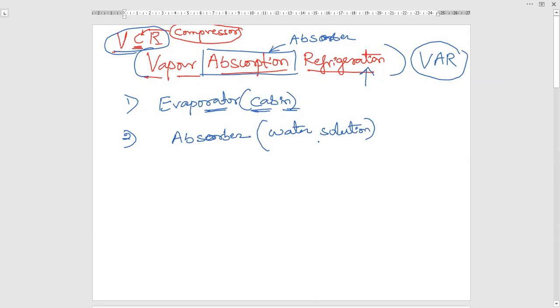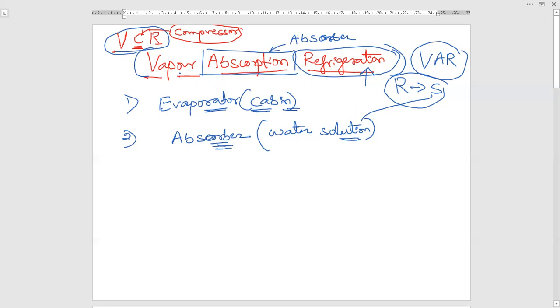And dear students, we have to choose the solution in the absorber in such a way that the refrigerant you are using in the refrigeration cycle should mix with this solution easily, and we can separate it easily also. The refrigerant should be soluble in the solution, and we can separate it easily. Such a type of liquid we can use in the absorber.